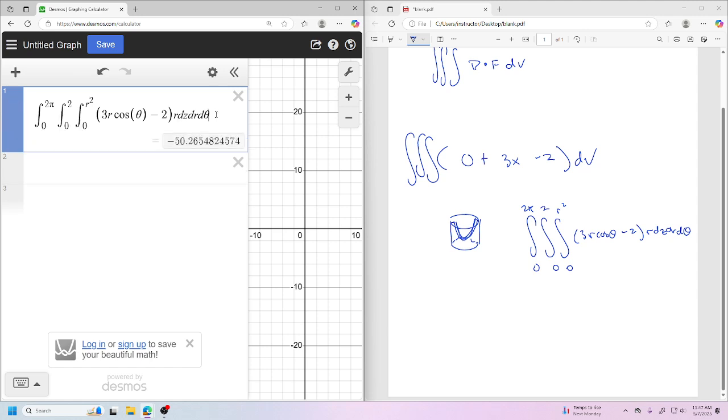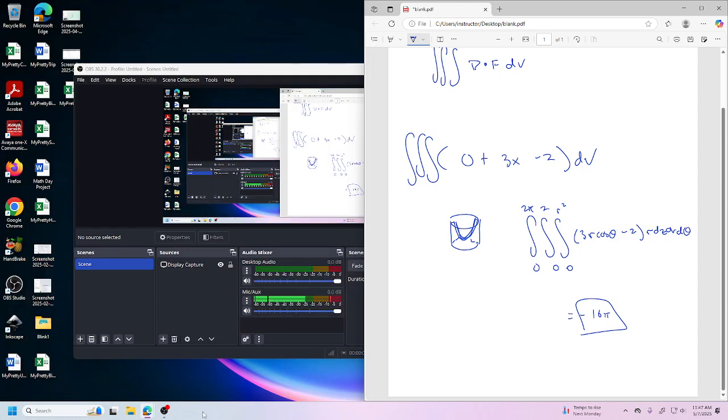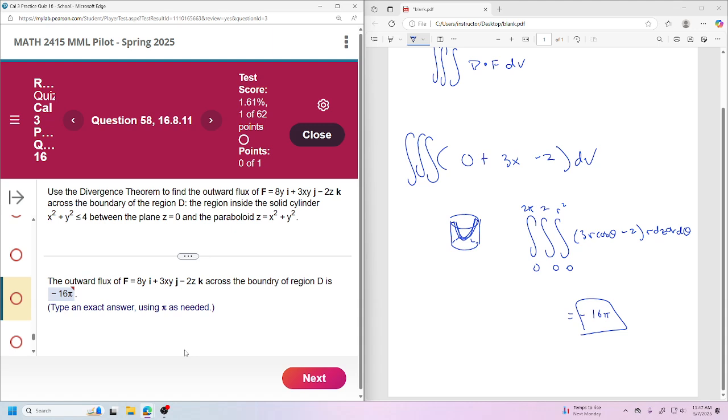Oh, okay. There we go. We did it. Dog water. It's beautiful. Oh, outward flux negative. Okay. Is this okay? Divergence theorem? I like it the most. It's my favorite.